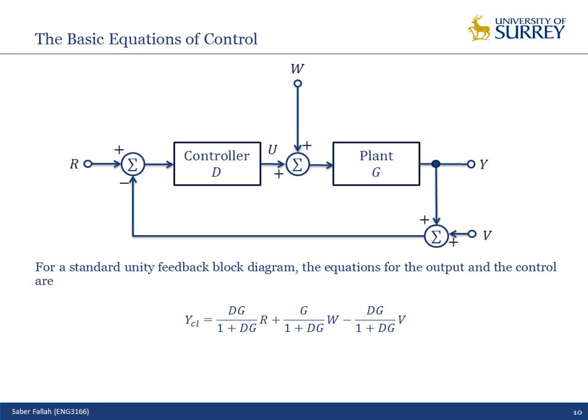From W to Y, if I rotate signal W, here is W as the input, and here is the summing point, plus. In the feed-forward path, I have the plant G, the output Y. Correct? Is that clear to everyone? Everyone clear? Good.